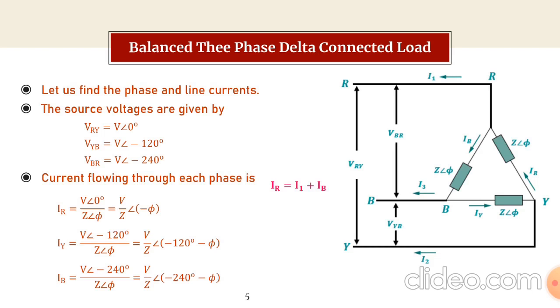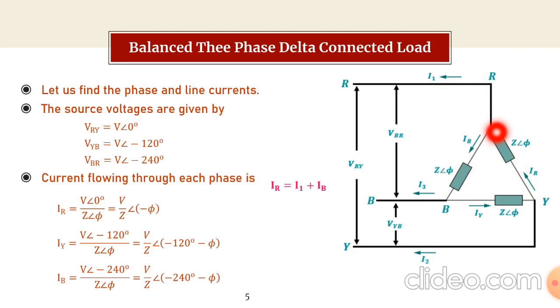From this, again we need to find the line currents I1, I2 and I3. We know that in a delta connected system, line currents and phase currents are not the same. If there are three junctions in this delta, junction 1, junction 2 and junction 3, and if you apply Kirchhoff's current law at junction 1, you can see I1 is the current that is flowing outwards and IB also going outwards, and IR is going towards the node.